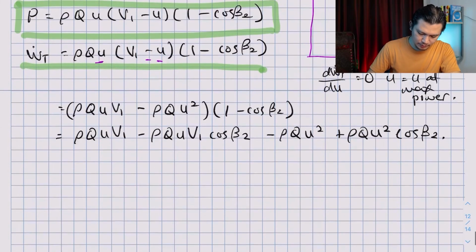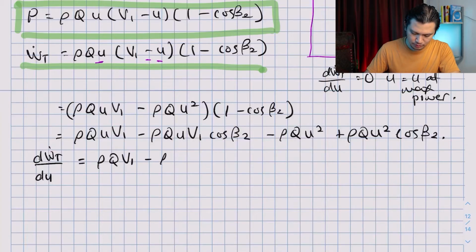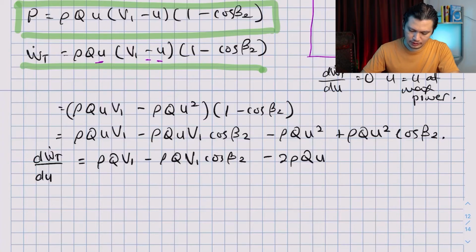Now it's quite simple to get dW dot T over dU. This is simply rho Q V1 minus rho Q V1 cos beta 2 minus 2 rho Q U plus 2 rho Q U cos beta 2.